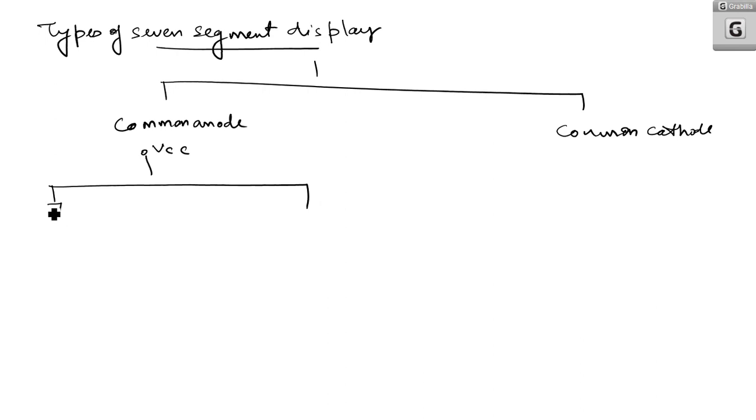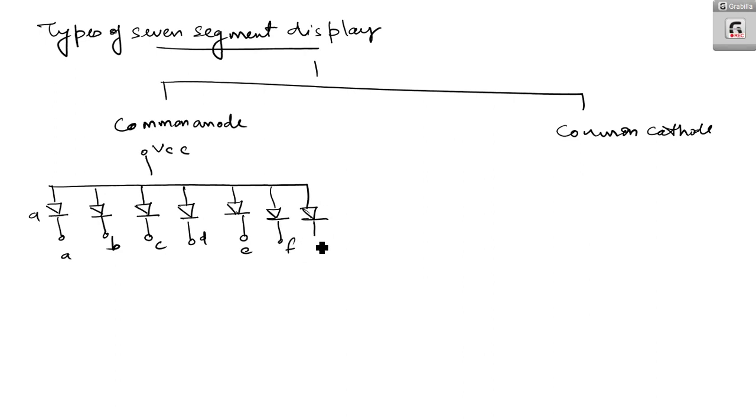So this is A, this is B, so you have A, B, C, D, E, F and G. In the common anode type, it will operate when VCC is greater than 0 volt, or you can say greater than 0.7 volt.